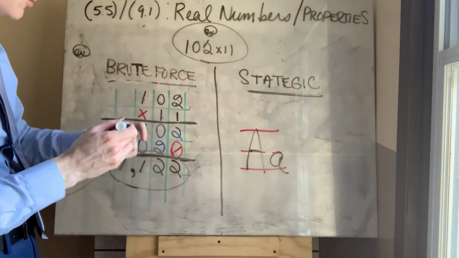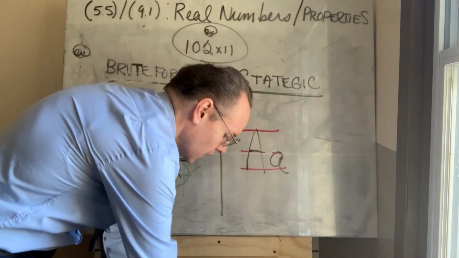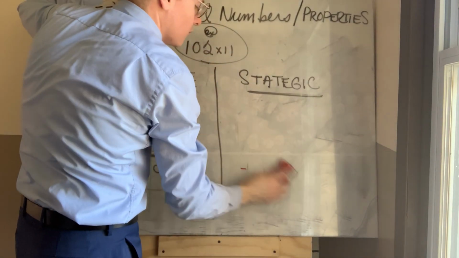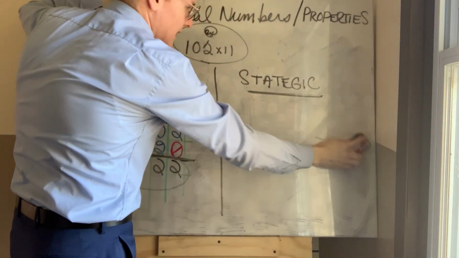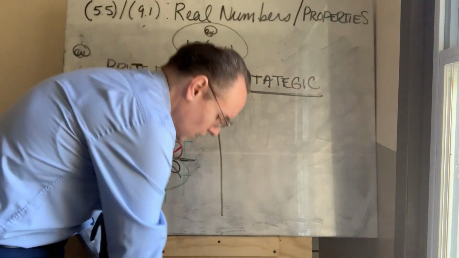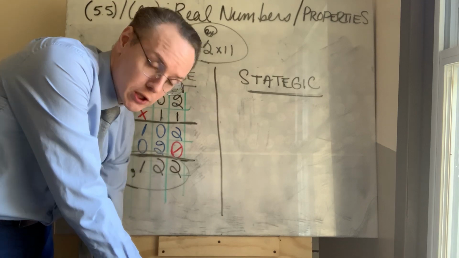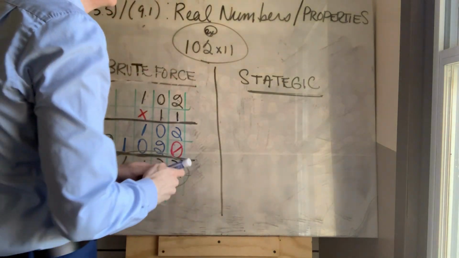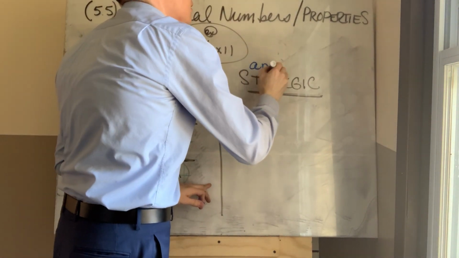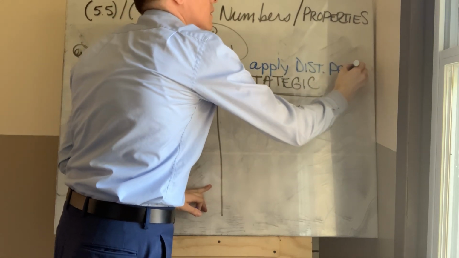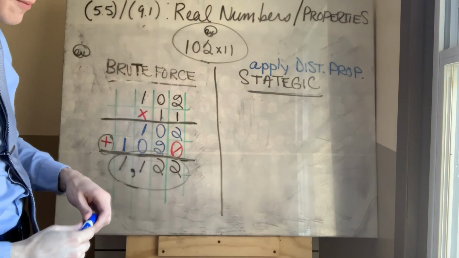Now, if you're a little bit more strategic, and you're trying to do this a little bit faster, if you've already mastered the fine art of doing it neatly, then what you might do is some incarnation of the distributive property. Apply the distributive property. Even if it starts out backwards.